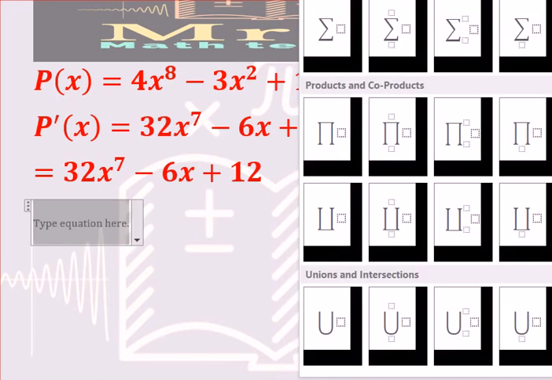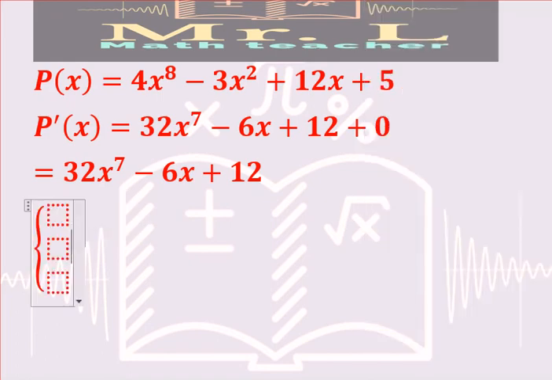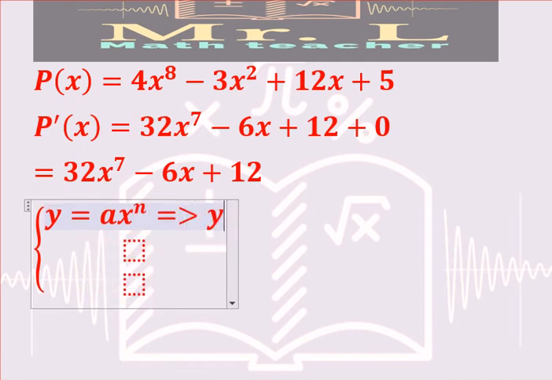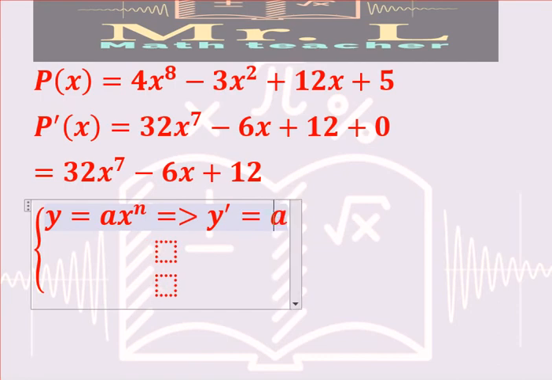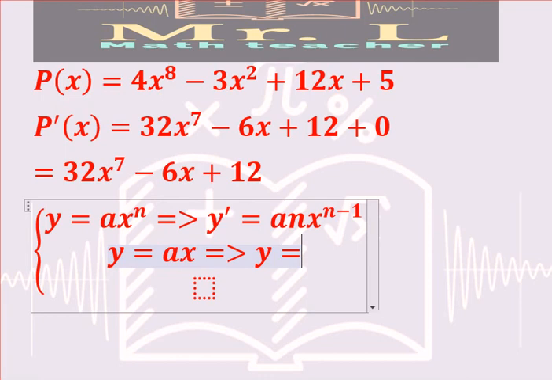In general, I can say that the derivative of y equals ax power n is y prime equal to an multiplied by x to the power n minus 1. The derivative of y equals ax will be simply a, because here the power is 1, so it will be a x power 1 minus 1, so it's a times x power 0.